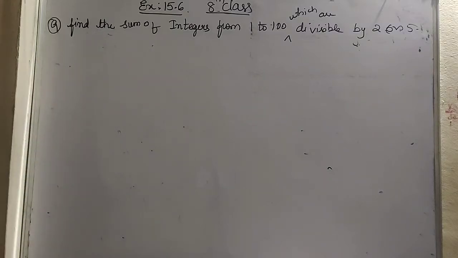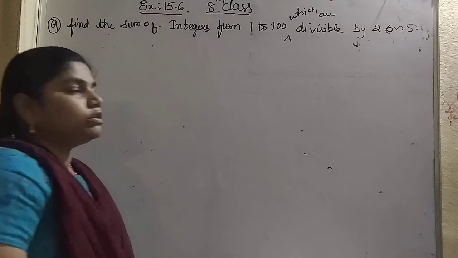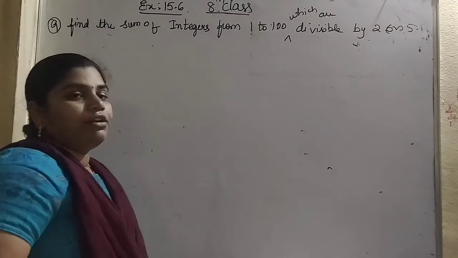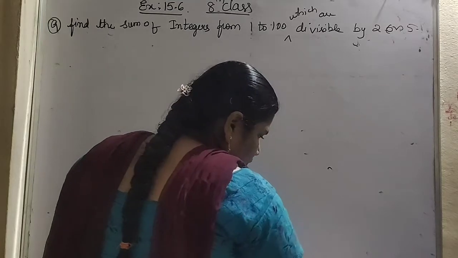Okay, so the numbers which are divisible, what we have to find? We have to find the sum of integers from 1 to 100 which are divisible by 2 or 5.